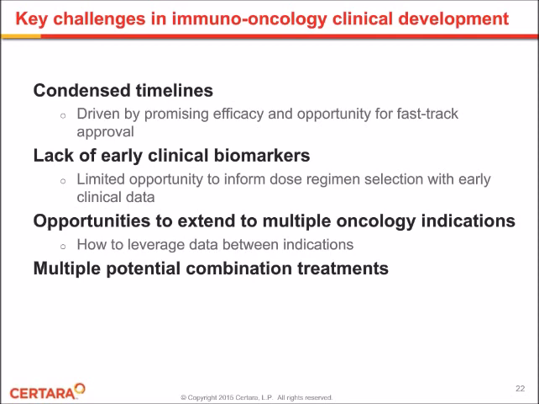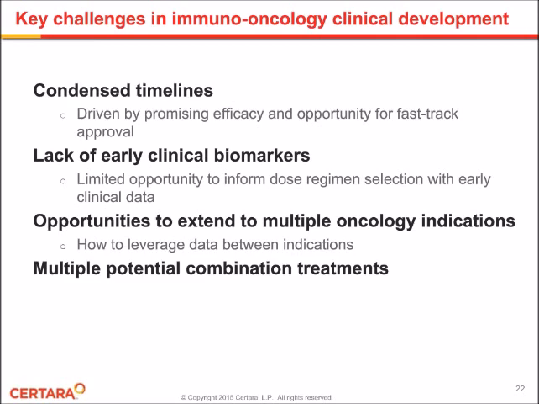Also, and of course, there's a tremendous opportunity there for these treatments to be applied in a wide range of cancers, but it also means that the treatments have to be tested in all these cancers, and which from a modeling and simulation perspective presents a challenge, but also an opportunity to try to leverage data between indications.